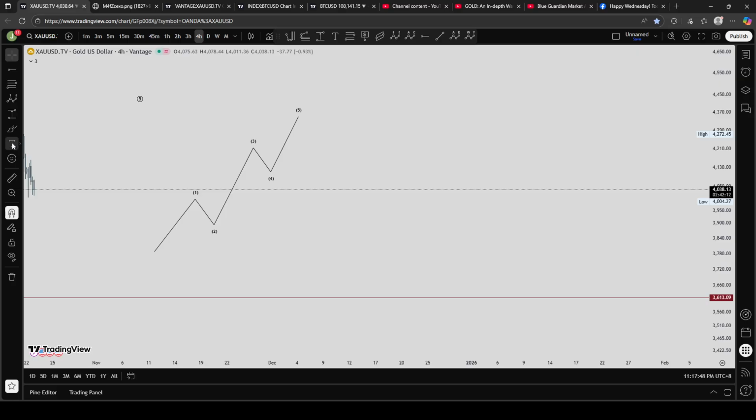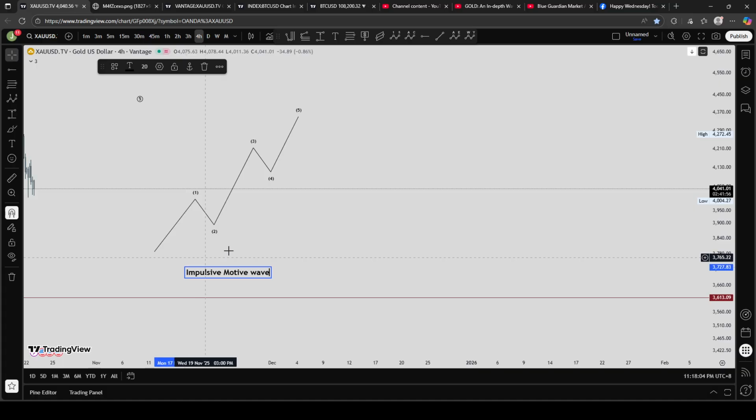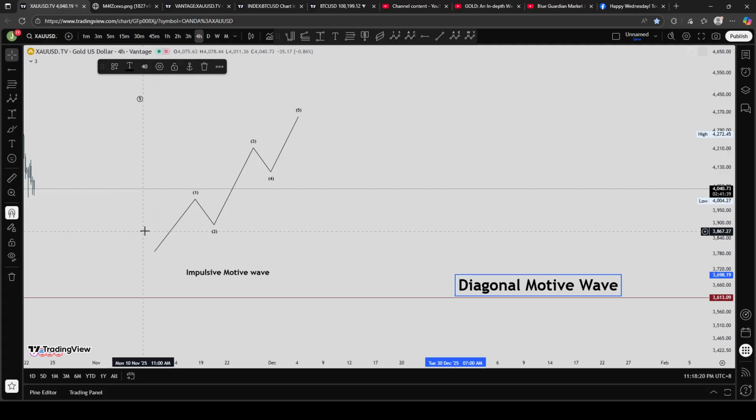One is called the impulsive motive wave, and the other one is a diagonal motive wave.